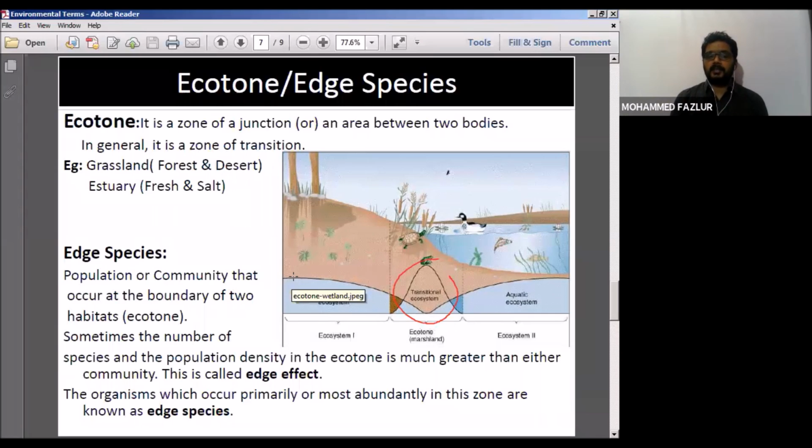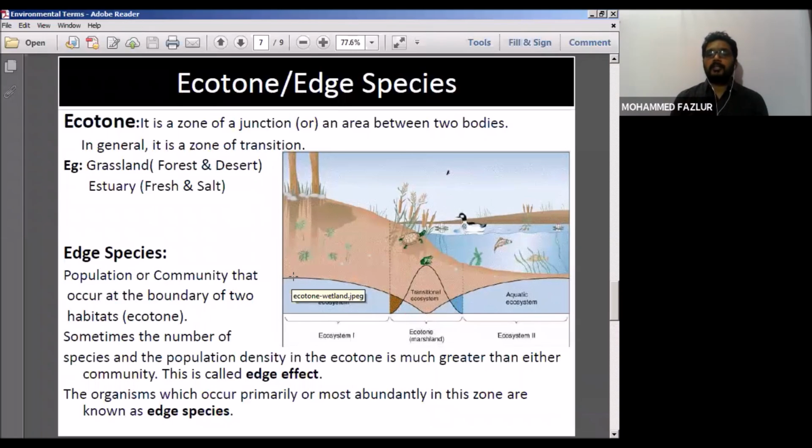An edge species is a species of a land ecosystem which can also survive in an aquatic ecosystem, and can exist in the area having a conjunction between both ecosystems. That is, between one ecosystem and another ecosystem, a species which can survive in both, you call an edge species.